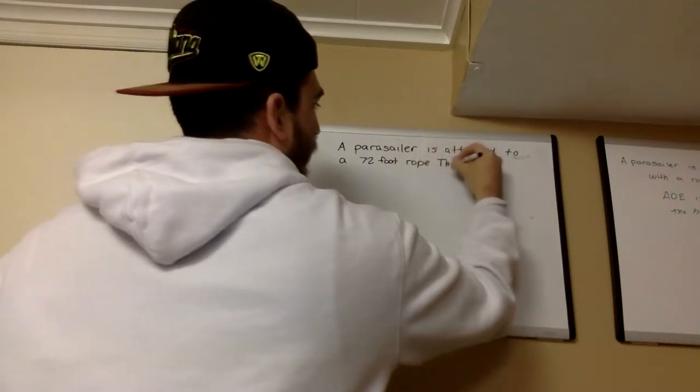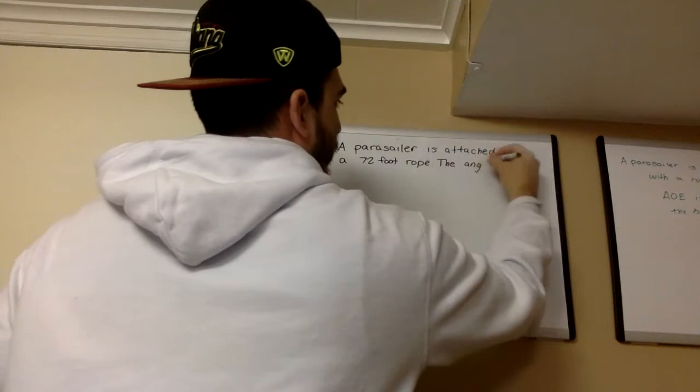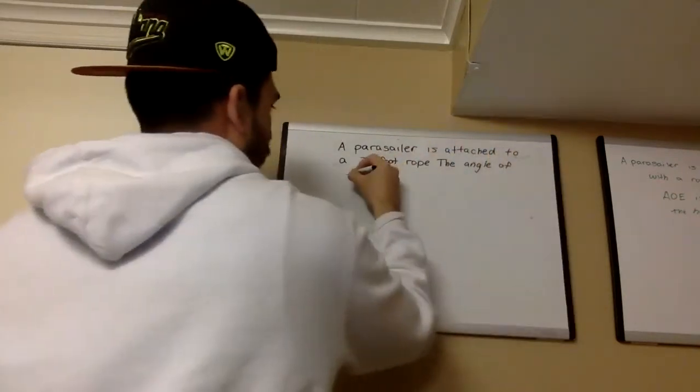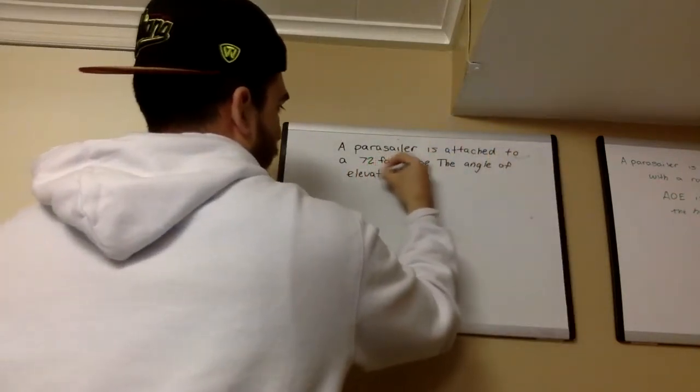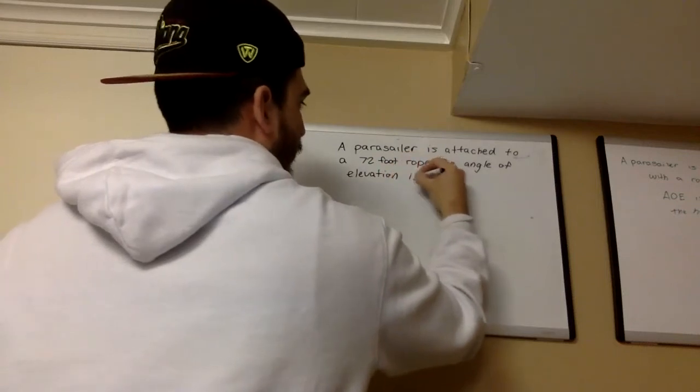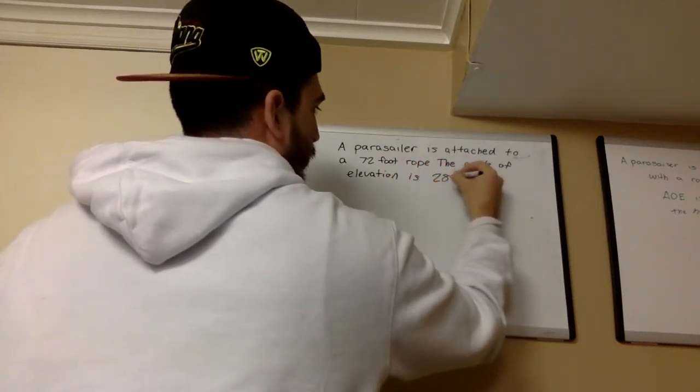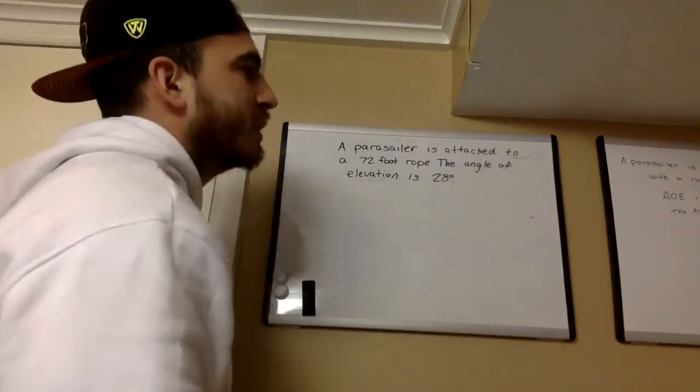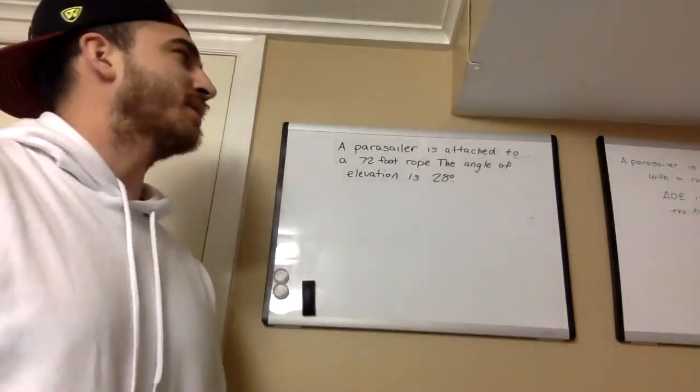The angle of elevation is 28 degrees. And then the question is going to ask you to determine how high is the parasailor.